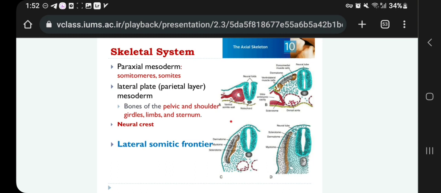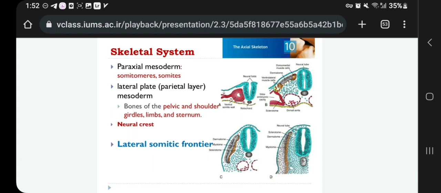This line is the lateral somitic frontier, the border between the lateral plate mesoderm and the somite. Some cells from the paraxial mesoderm can migrate to the lateral plate mesoderm and make bone.